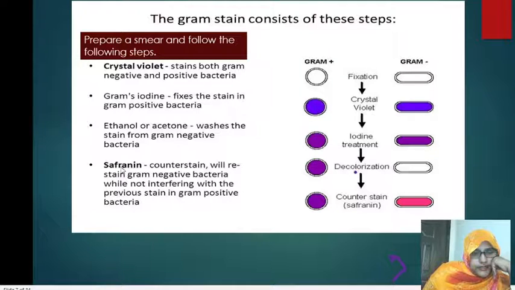Then there is a secondary dye, safranin, which is also called a counter stain. The primary stain is crystal violet dye and the counter stain is safranin. It will restain gram negative bacteria while not interfering with the positive stain in the gram positive bacteria. You can see here both are stained, then the color will be pink or red for gram negative, and the crystal violet is retained.